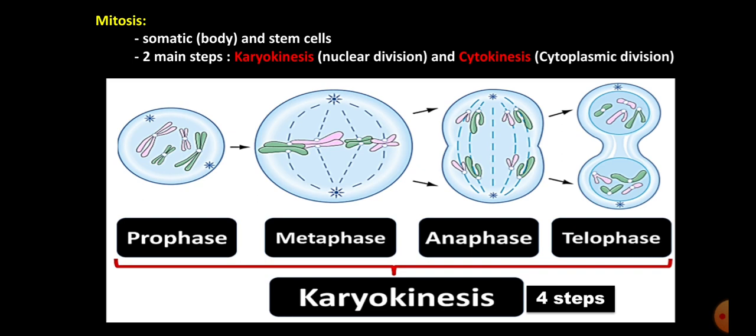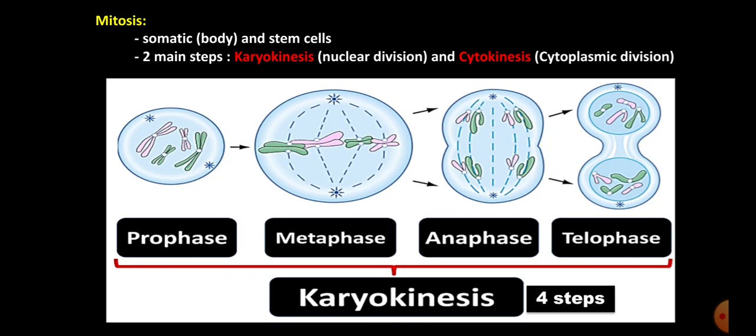So they have two sister chromatids which are joined at the point which is called the centromere. In 9th standard we had studied the structure of the chromosomes, that a chromosome is made up of two sister chromatids. Each has two arms and they are joined at the center which is called the centromere.